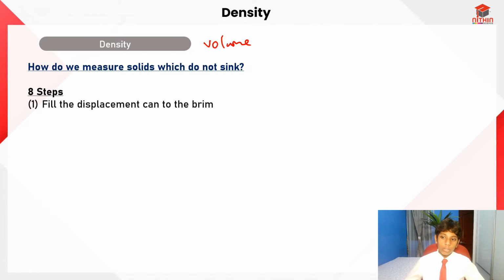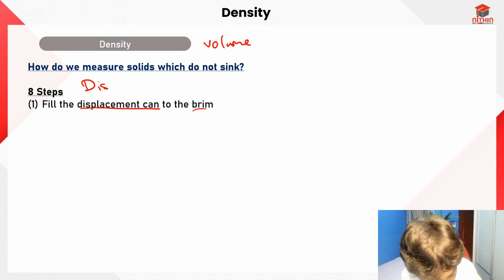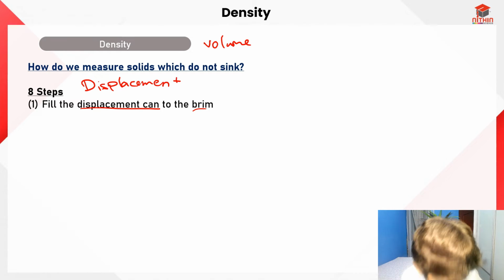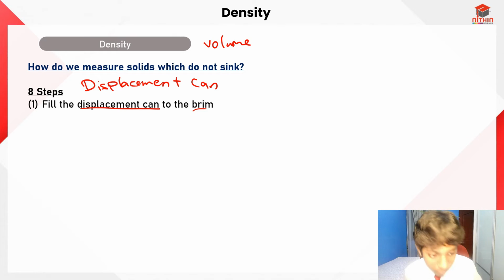Firstly, we need to fill the displacement can to the brim. Take note, we are still using the displacement can. So firstly we fill the displacement can to the brim, like I explained in the previous slide.